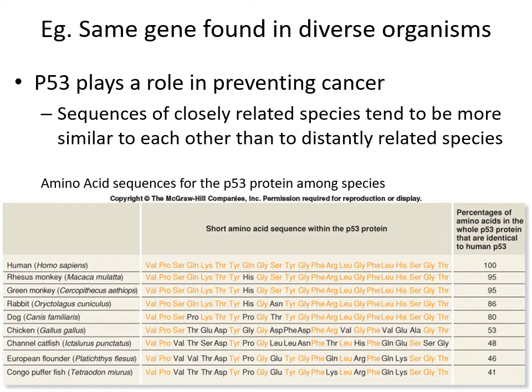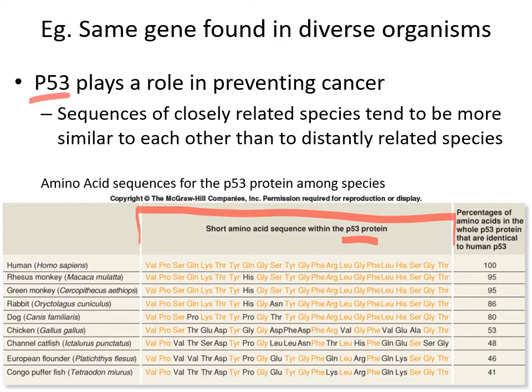So if we look at this one here, this is a particular gene called P53. It plays a role in preventing cancer. When a cell is dividing uncontrollably, this gene has a role in preventing that from leading to cancer. Sequences of closely related species tend to be more similar to each other than to distantly related species. Here, in this box, is the sequence for the P53 protein.